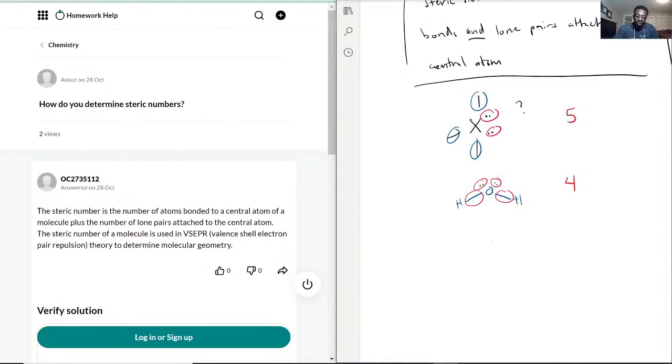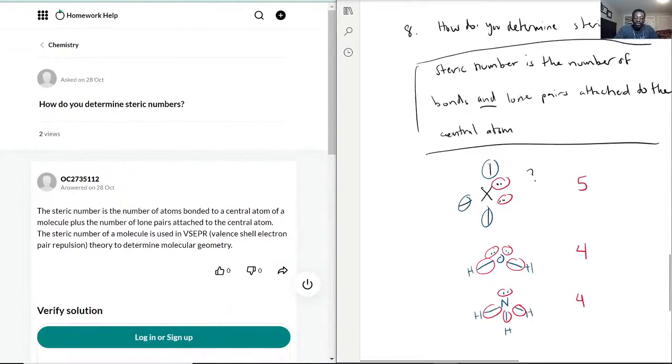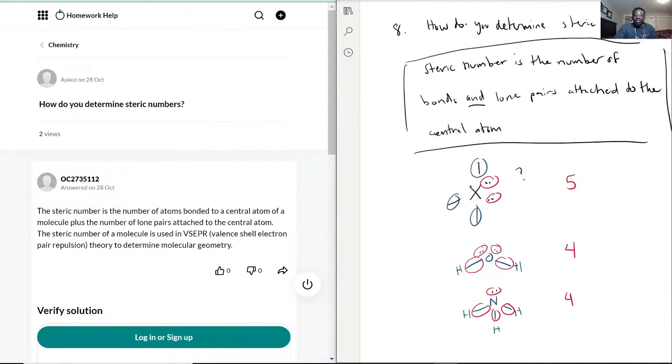Nitrogen is another good example where you think it's different, but when you count it again, you have 1, 2, 3 bonds, 1 lone pair, 4 as the steric number. So most things prefer 4.